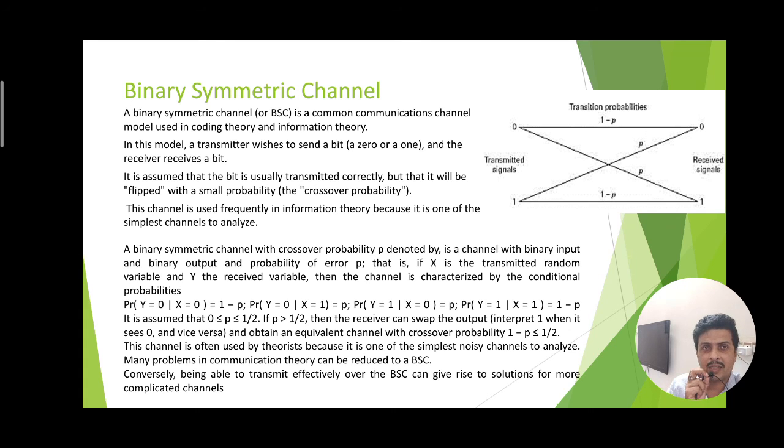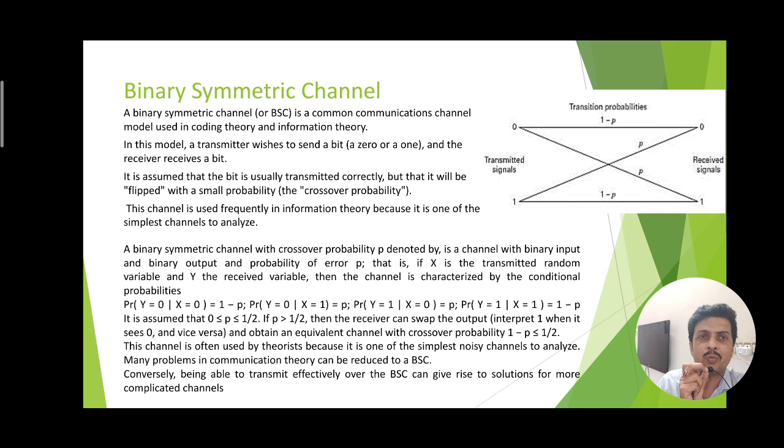Therefore, a binary symmetric channel is a common communication channel model which is used for coding theory and information theory. So it is a theoretical characteristic, and it gives us speculations for various real time communication problems.